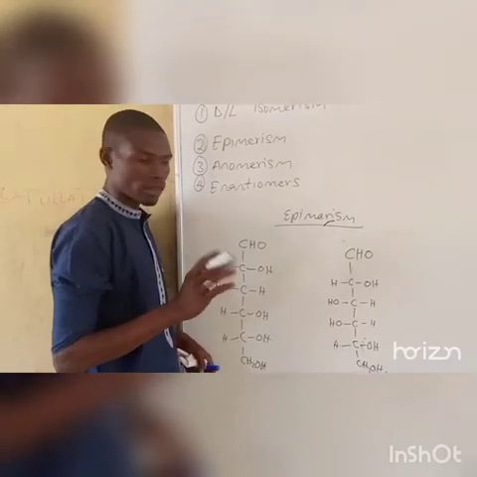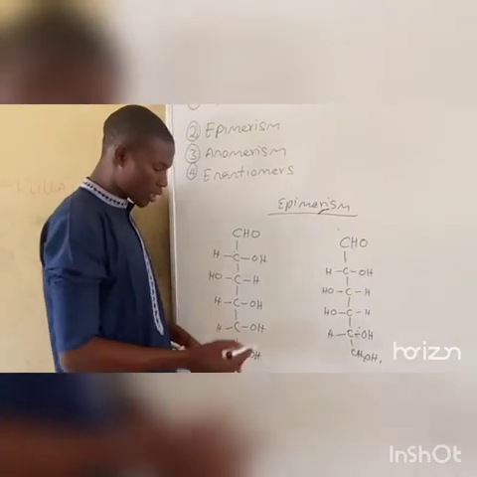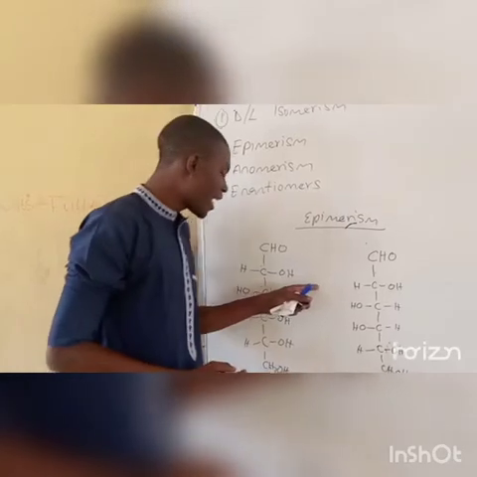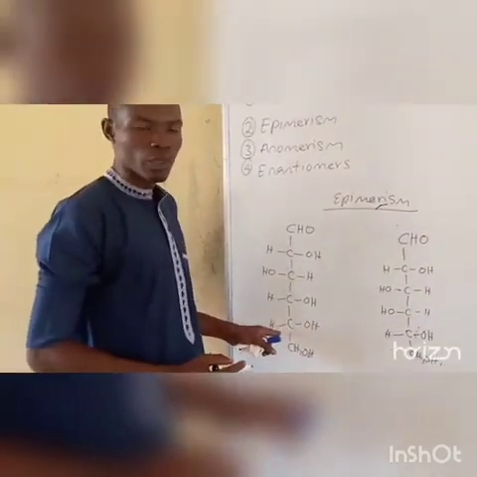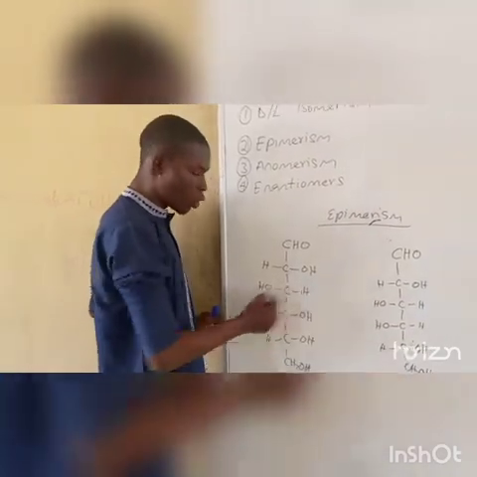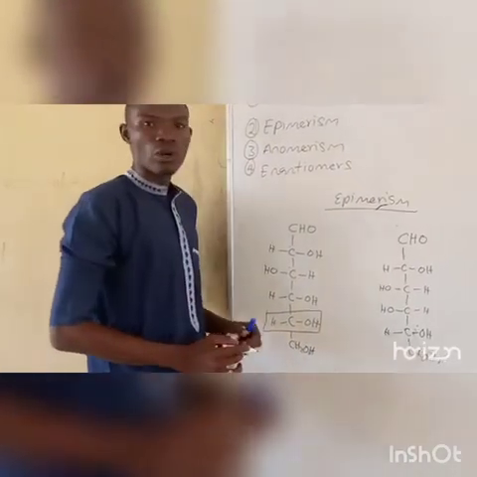They are chiral centers. So this is chiral carbon 1, chiral carbon 2, chiral carbon 3, chiral carbon 4. If there is rotation in any of the OH except the penultimate carbon, which is chiral carbon 4, any rotation in the OH apart from this place is called an epimer.